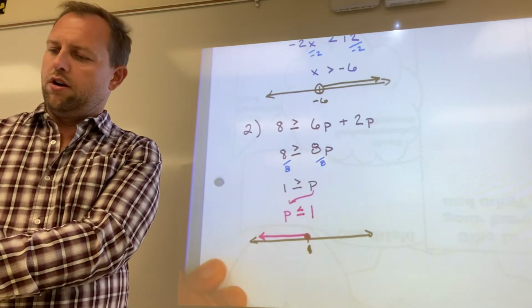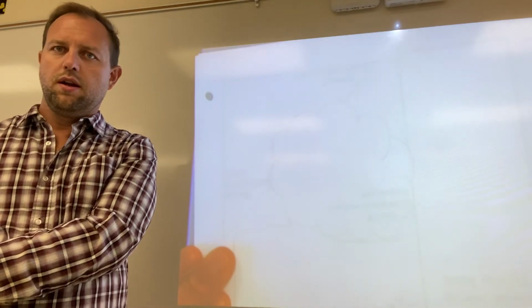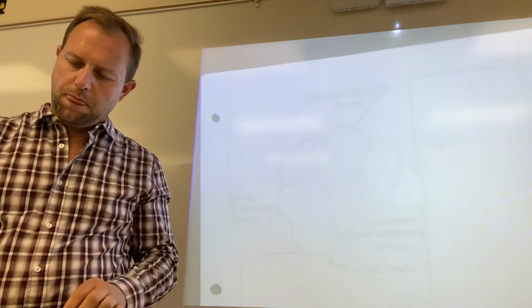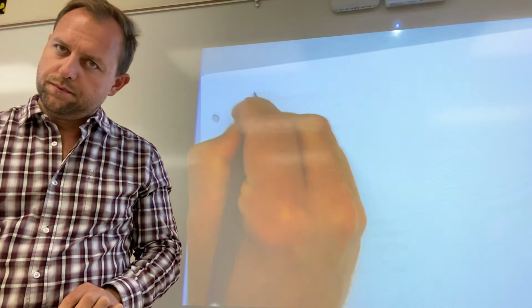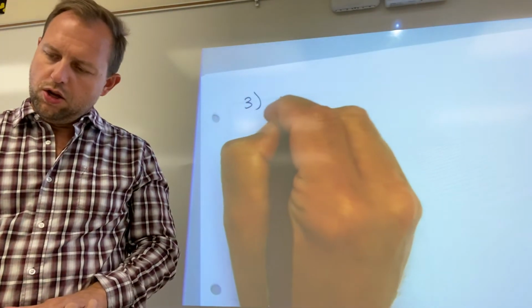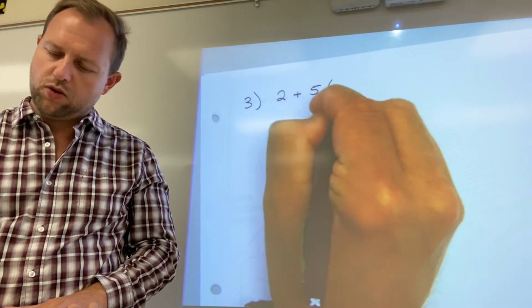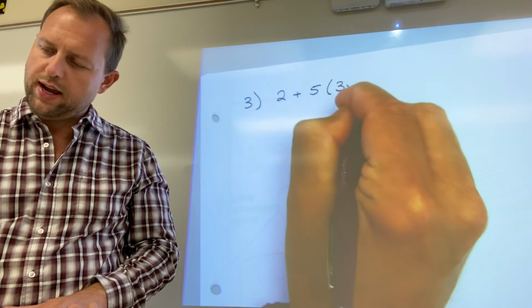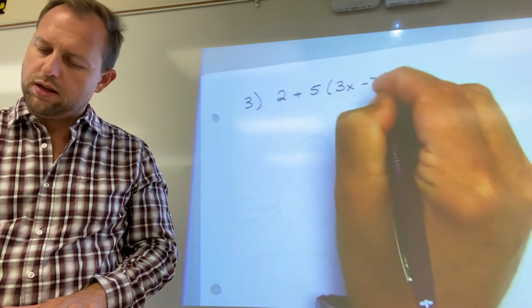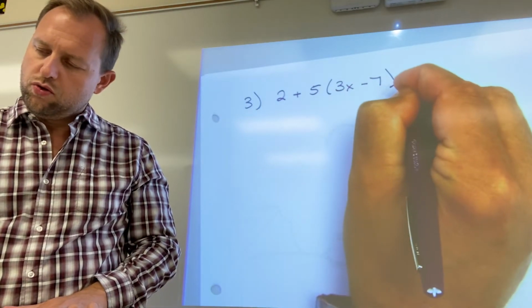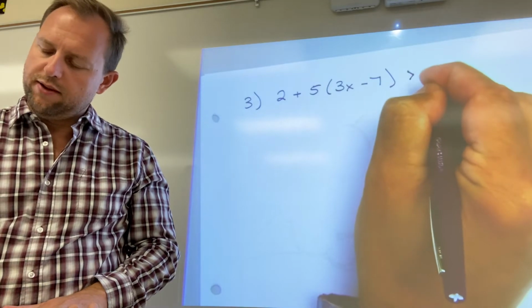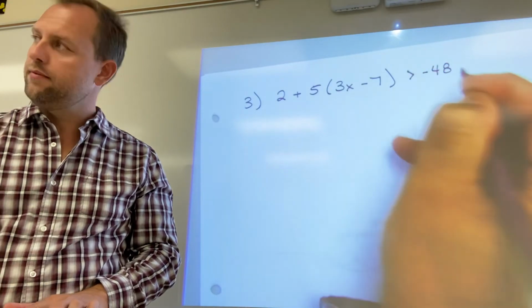For our third example: 2 plus 5 times the quantity 3x minus 7 is greater than negative 48.